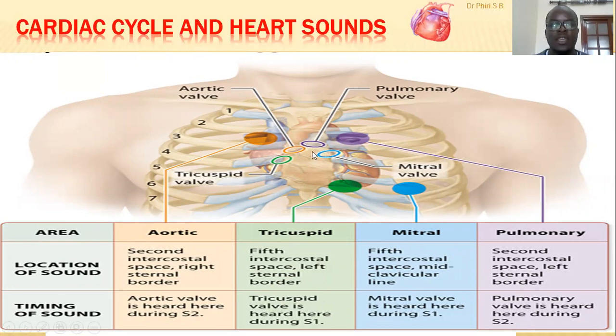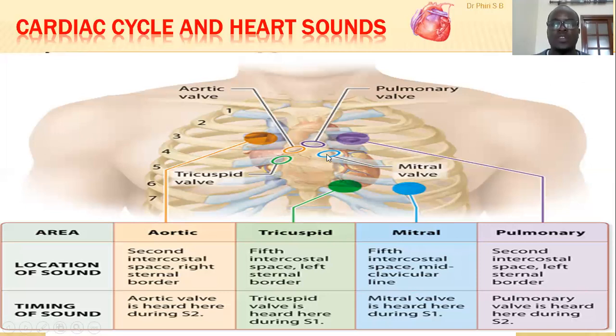So you have the tricuspid valve and the mitral valve, which is also called the bicuspid valve, between the atria and the ventricles, and between the ventricles and the aorta and the pulmonary trunk, you have the semilunar valves: the aortic valve and the pulmonary valve. The first heart sound is due to the closure of the AV valves.